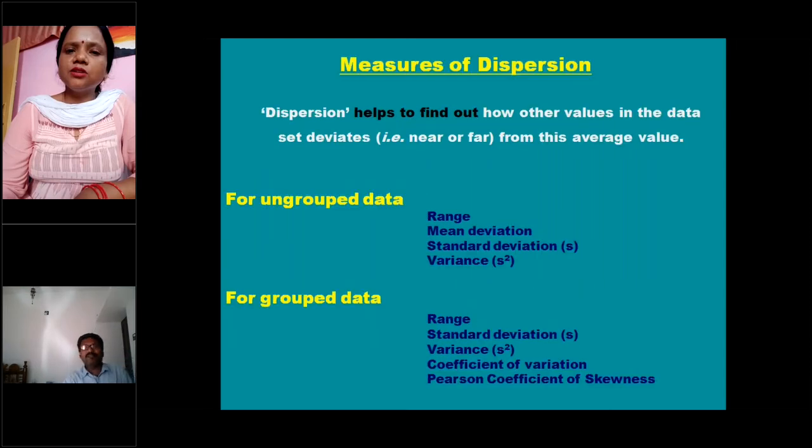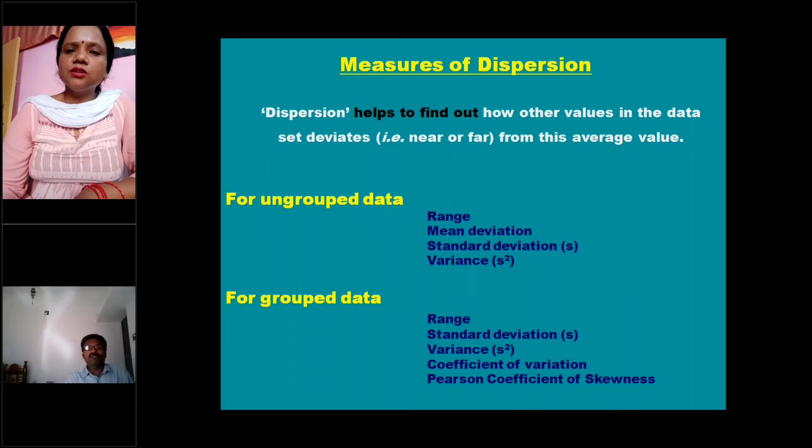And another category is the measures of dispersion. Measures of dispersion is nothing but how much the other values in the data set deviate from the average value. Mean, median, and mode find the average value in a data set or in a normal distribution or probability distribution data.